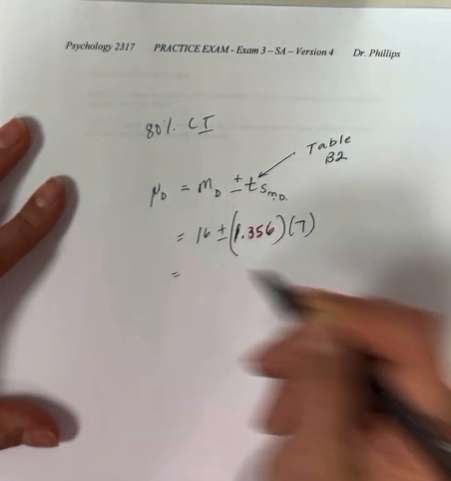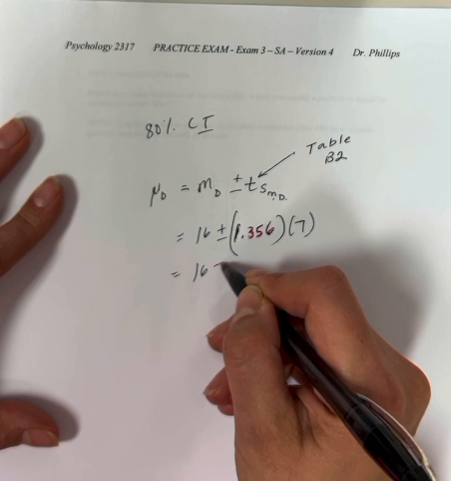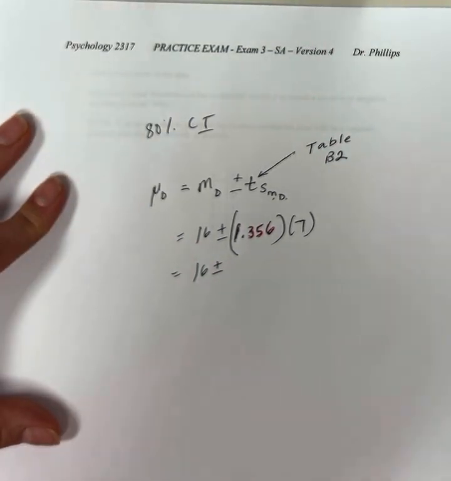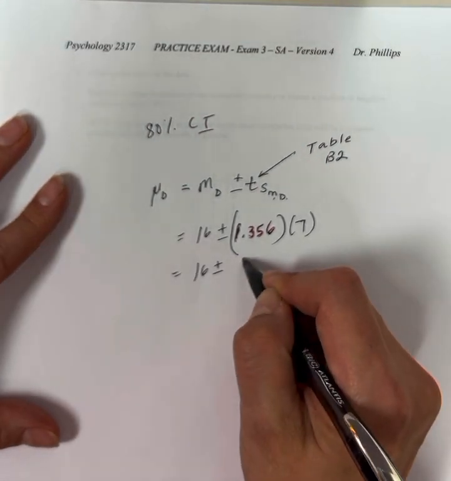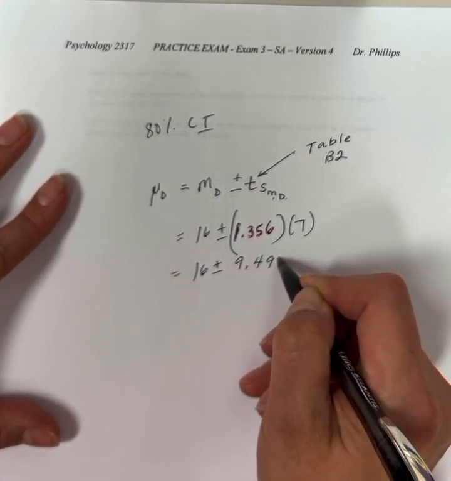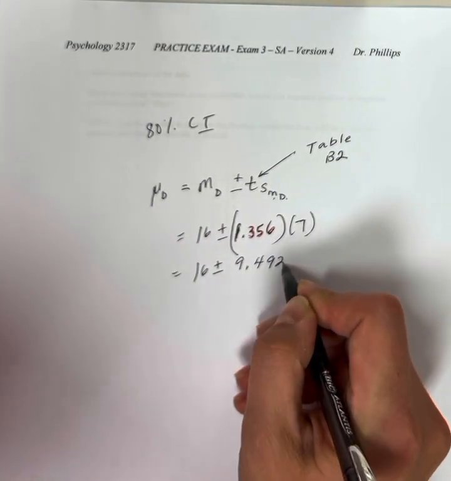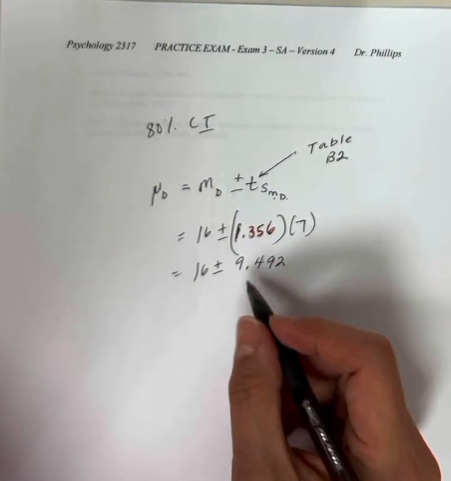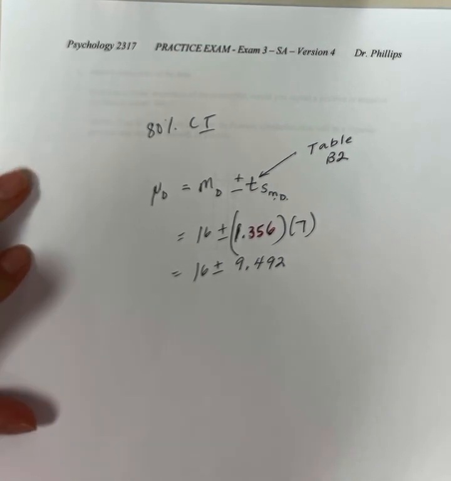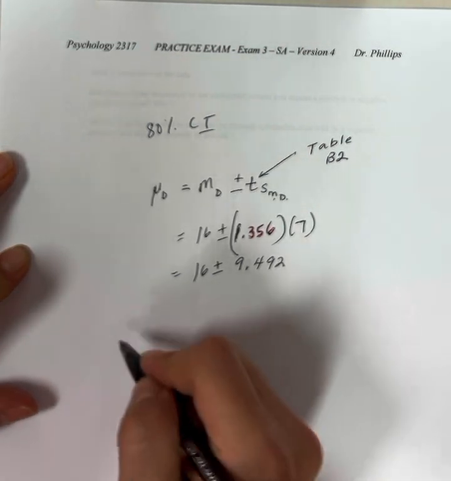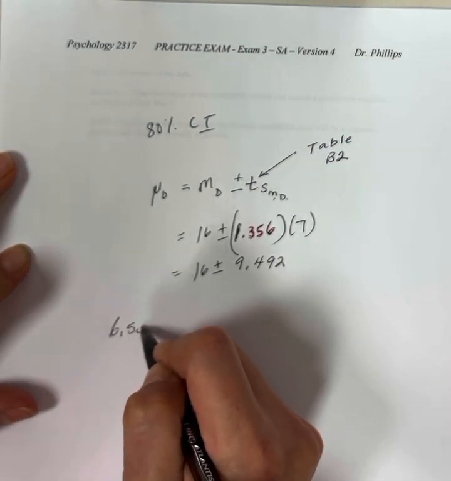Okay. So we're going to have 16 plus or minus 1.356 multiplied by 7, plus or minus 9.492. Okay. So if we take 16, subtract 9.492, we get 6.508.